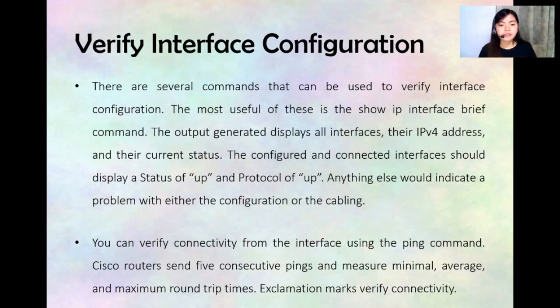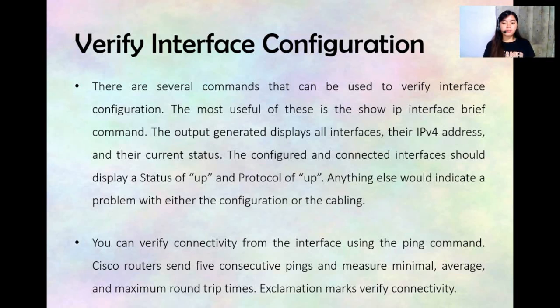Then verify interface configuration. There are several commands that can be used to verify interface configuration. The most useful of these is the show ip interface brief command. The output generated displays all interfaces, their IPv4 address, and their current status. The configured and connected interfaces should display a status of up and protocol of up.